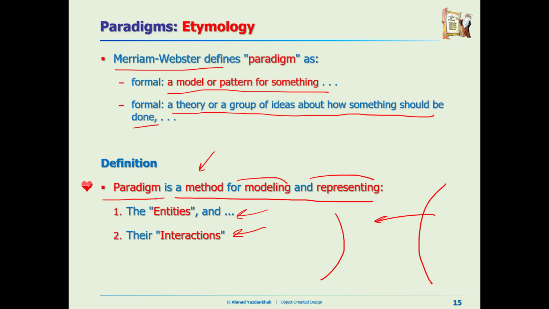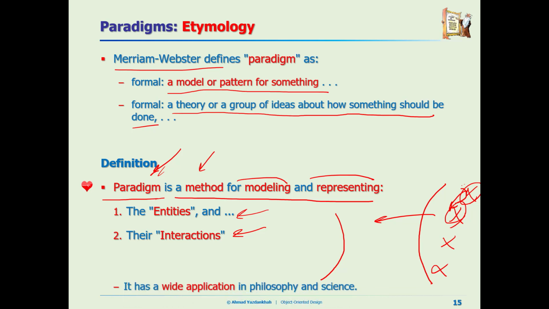So paradigm now is a method for modeling and representing these entities that exist here, and their relationship. If we want to model these entities and their relationship, we call it paradigm. All right. And there is a wide application of this paradigm term in philosophy and also the sciences, especially in computer science.